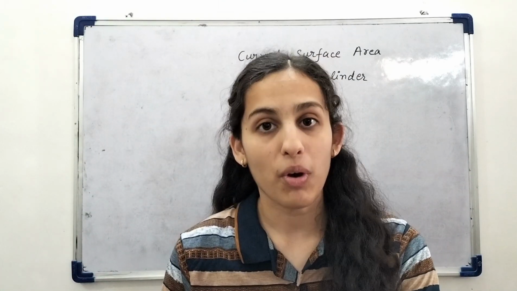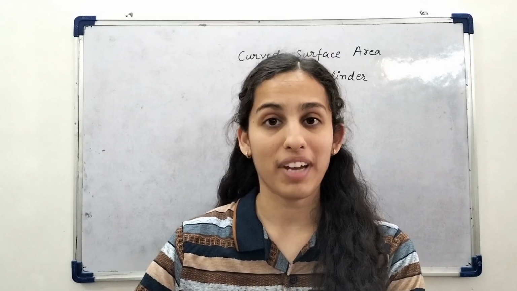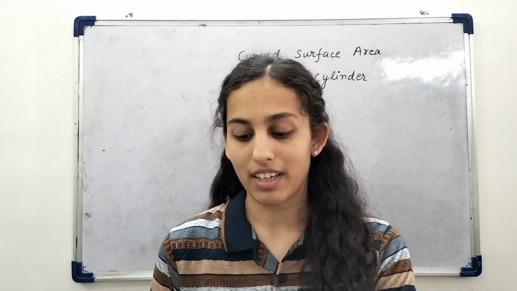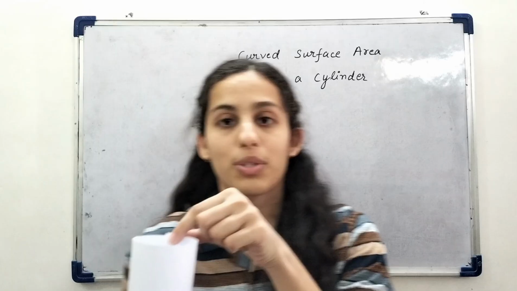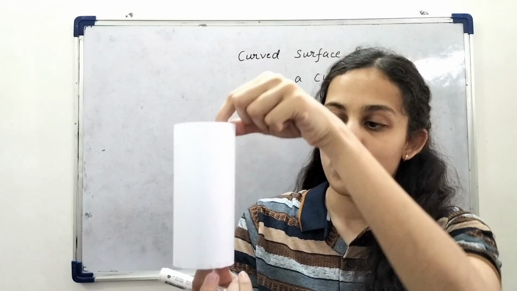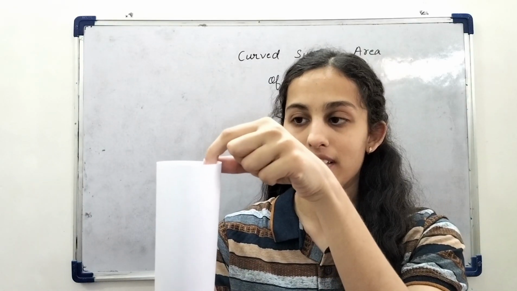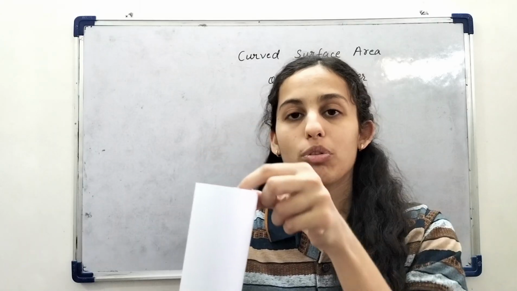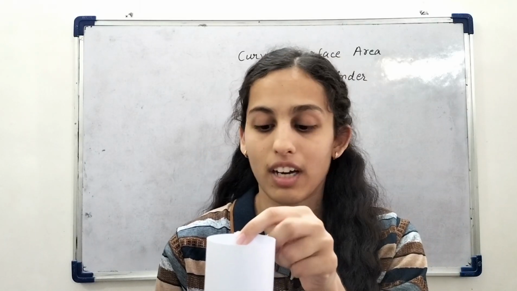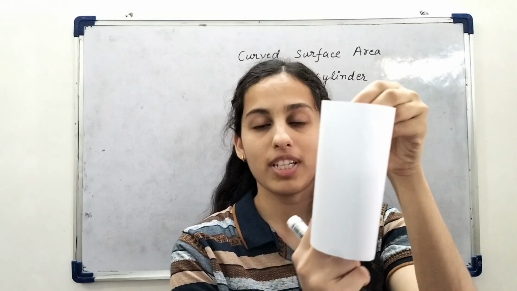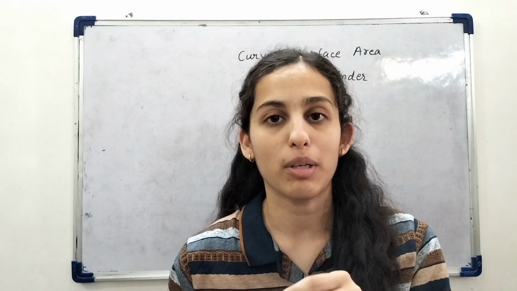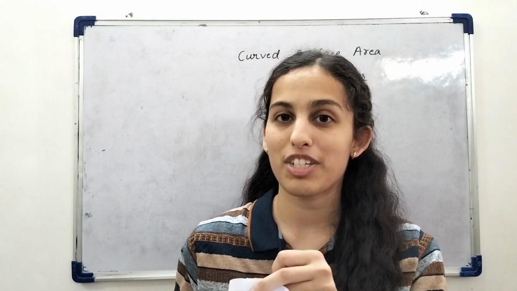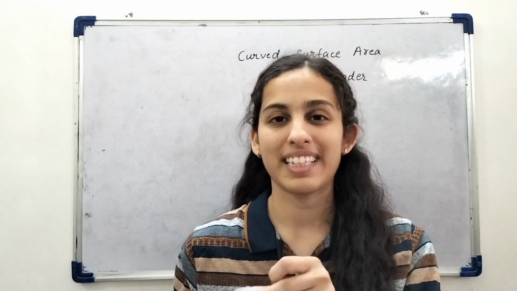Exactly. So we will take our box out and let's find its area. So let's assume the shape of this paper is this, a curved surface of a cylinder. If I want to calculate its area, if I cut one side of this and open it up, would you tell me what shape it will come out?